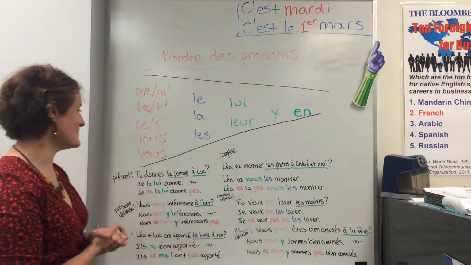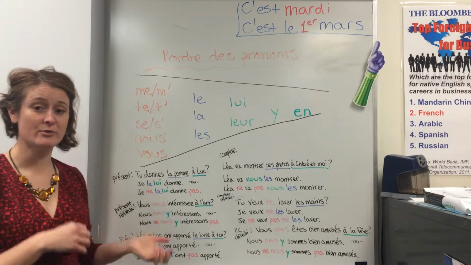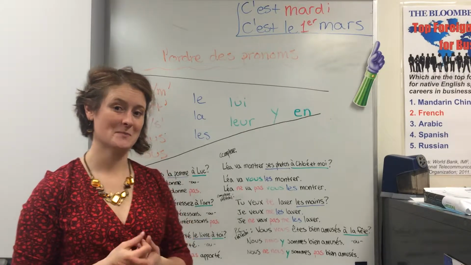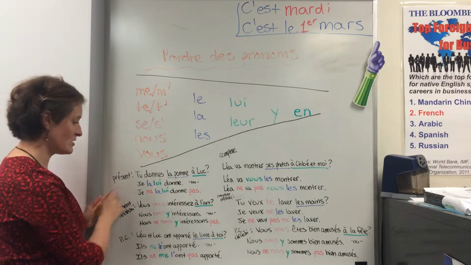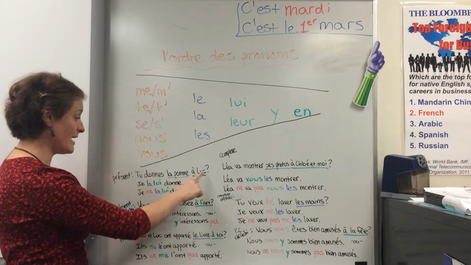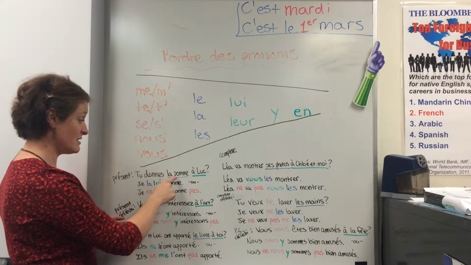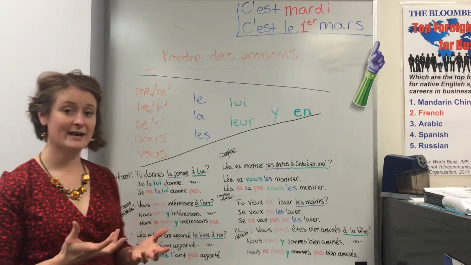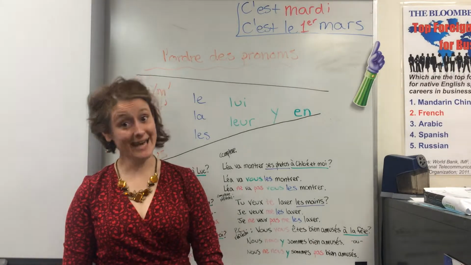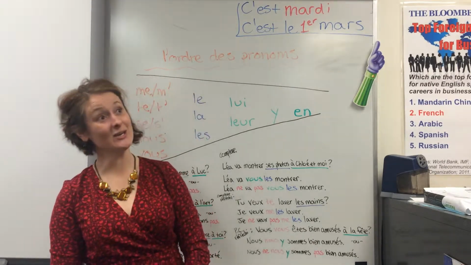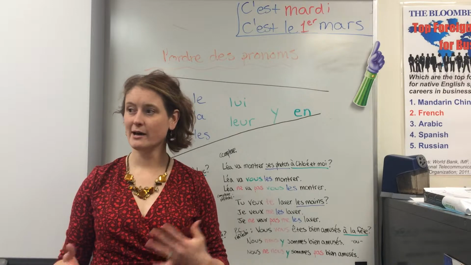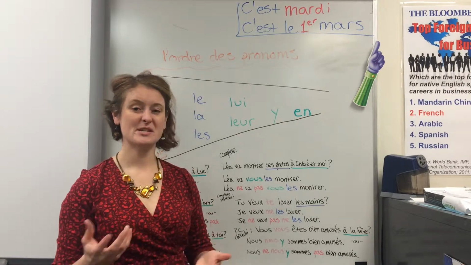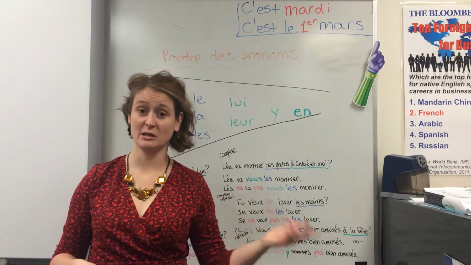Oui. Okay, d'accord. So we're just going to jump right in and look at some examples here. Bon. Okay. Au présent. Oui. Tu donnes la pomme à Luc. Are you giving the apple to Luke? Oui. So let's pretend that instead of responding and saying, yes, I am giving the apple to Luke, we want to sound more normal and we want to say, yeah, I'm giving it to him.